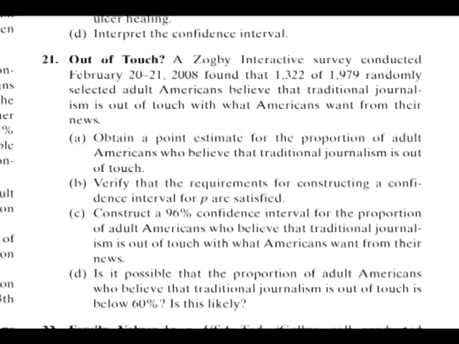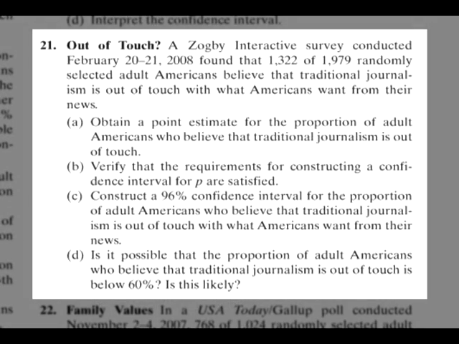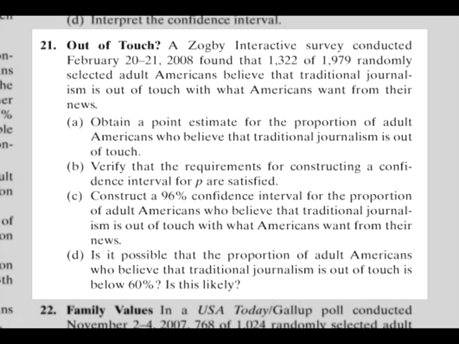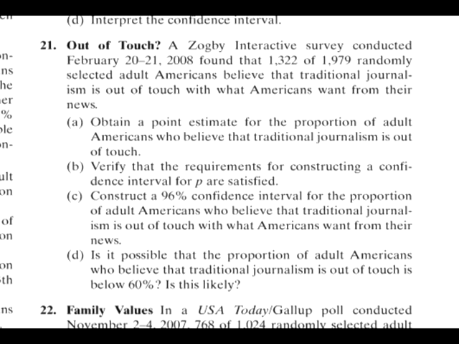B says, verify that the requirements for constructing a confidence interval for p are satisfied. I'm going to skip over this. We're going to assume that n times p times 1 minus p is at least 10, and the sample size is less than 5% of the population size. And we want a 96% confidence interval for the proportion of adult Americans who believe that traditional journalism is out of touch with what Americans want from their news.